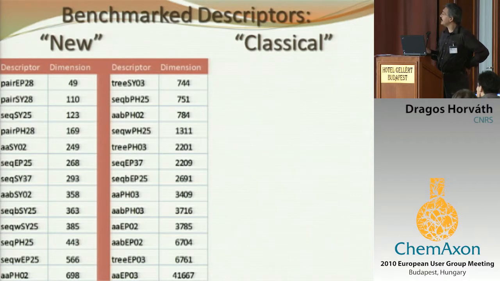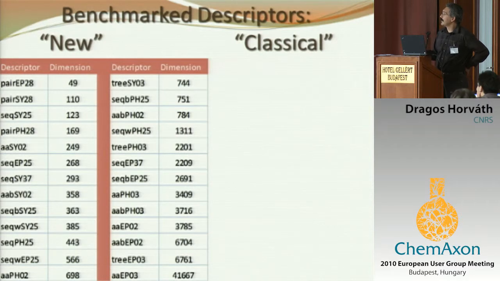These are the benchmark descriptors. You can read this by looking: pair, electrostatic potential, and these are the size limits between 2 and 8. Sequence means sequence.